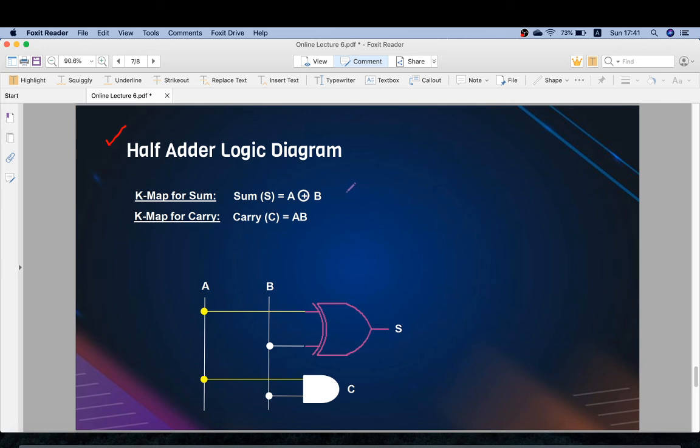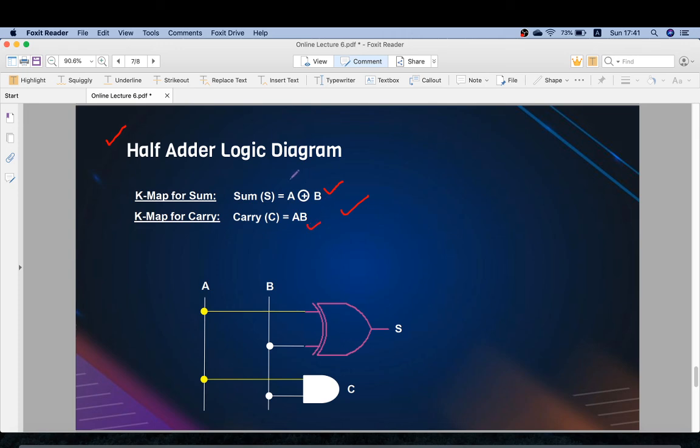So how will we make the diagram? We will make it from the K-map of sum and the K-map of carry. The equation for the sum S was A XOR B, and the equation for the carry C was AB.